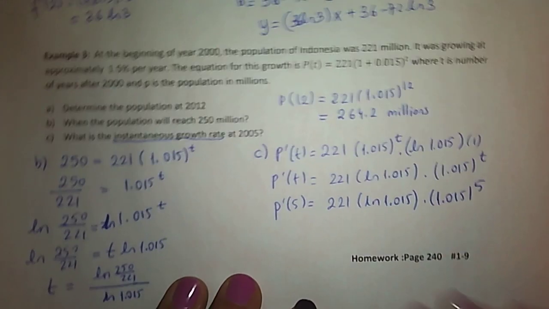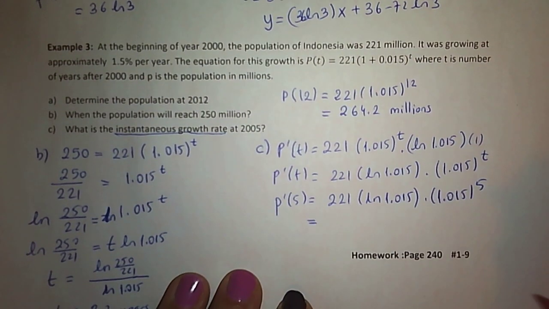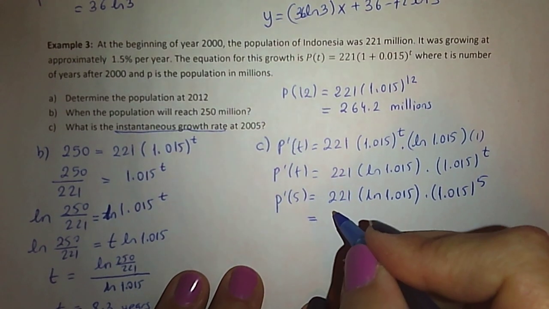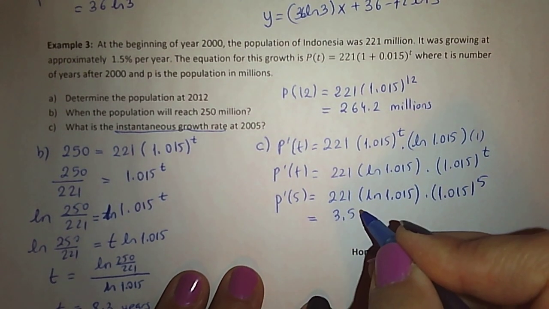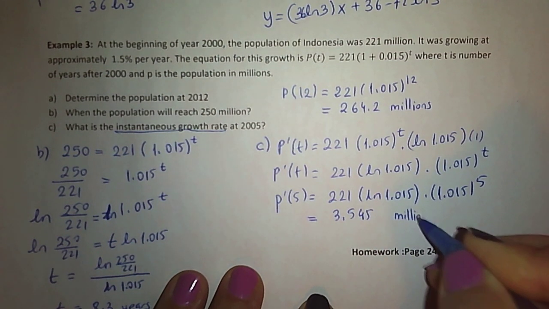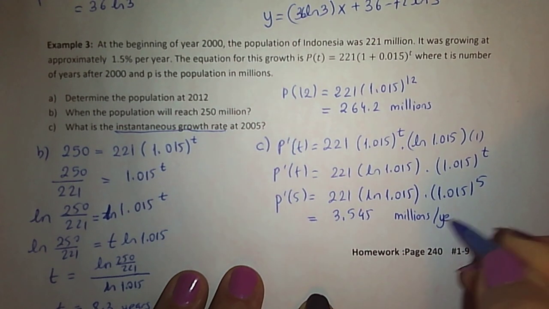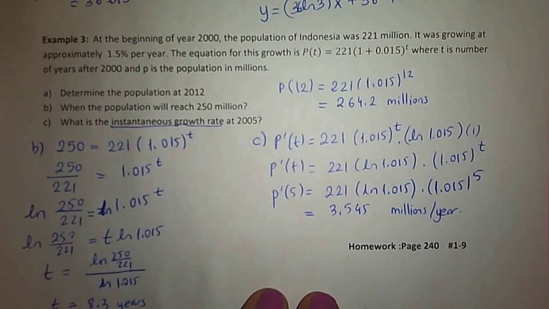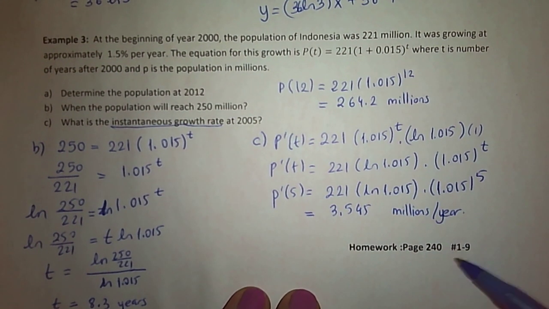Then if you punch everything in your calculator, we end up with 3.545 million per year. Okay, now you can proceed and do your homework from the textbook, page 240, questions 1 through 9.